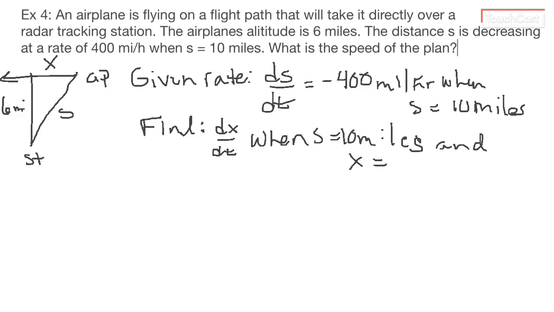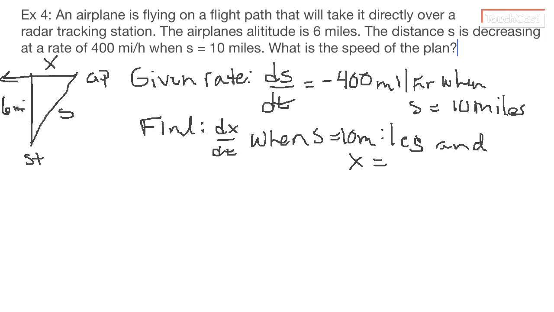One way we can figure that x value out is if we notice that in this little triangle we made, we've got a right triangle. We know the altitude is always 6, and we know an s value of 10. So why don't we use the Pythagorean theorem to find x? We know one of the legs, and we know the hypotenuse.